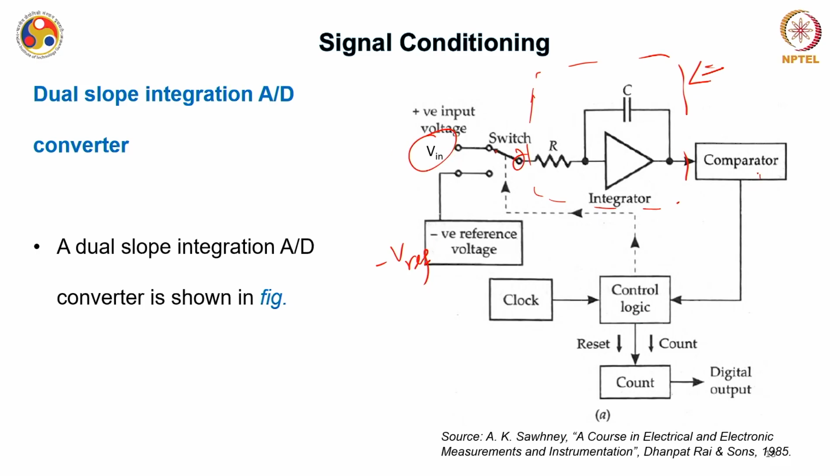There is a comparator and a control logic, and the clock is fed into the control logic. It generates two signals, reset and count, and then I have a digital output here. So this is a typical dual slope integration AD converter.